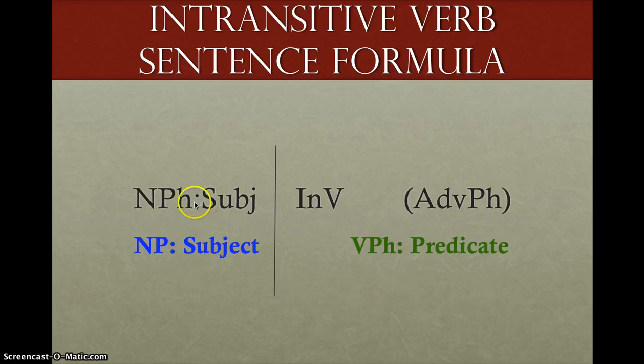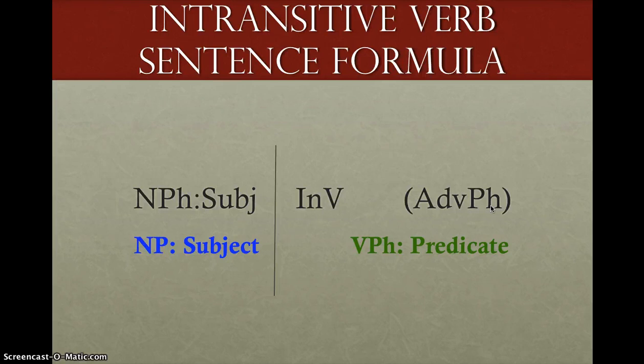You will always have a subject and an intransitive verb. And then sometimes, that's what these parentheses mean. This means you can have it or you could not have it. Sometimes you will have an adverb phrase. The ADV stands for adverb and PH stands for phrase.